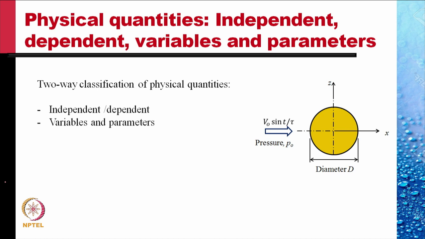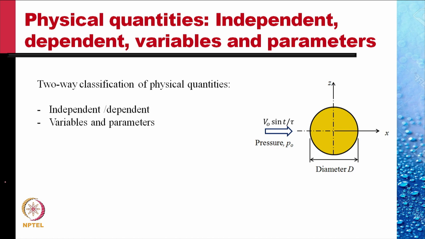The other way to classify physical quantities is to classify them as variables or parameters. Variables are those quantities that change from point to point or from instant to instant in a given experiment, in a given phenomena.